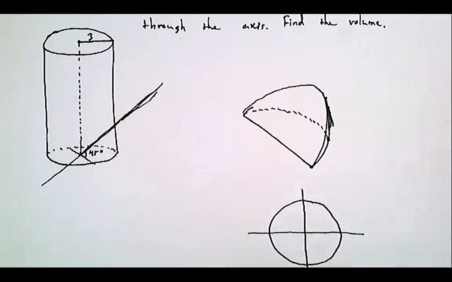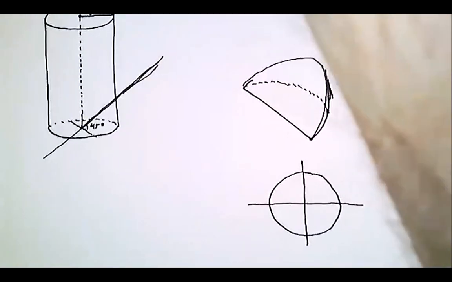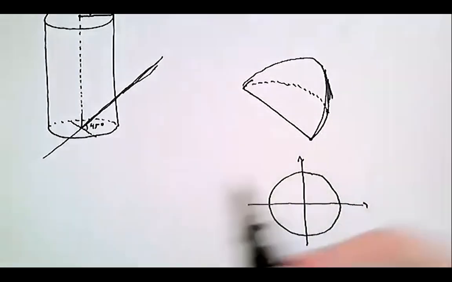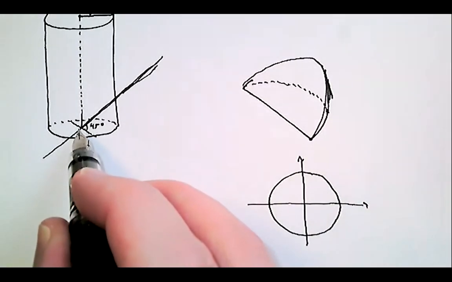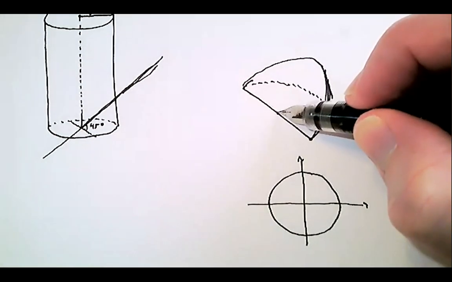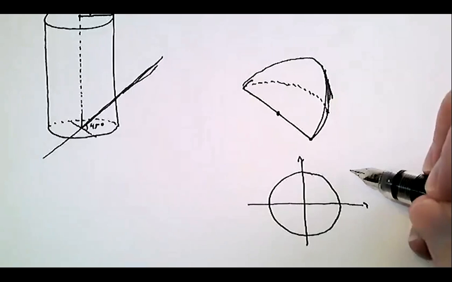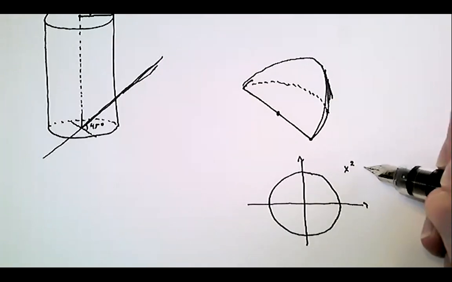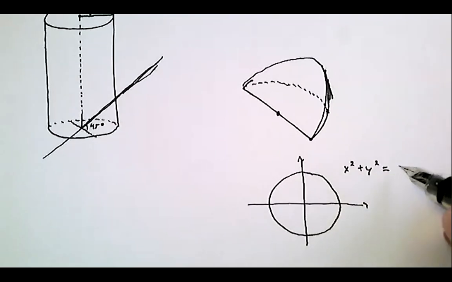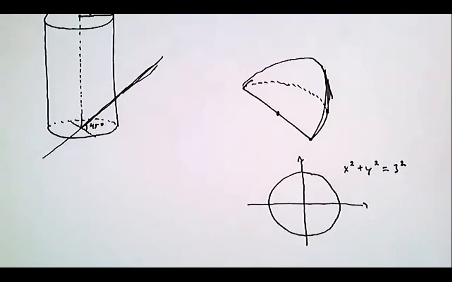If I want to find a formula for a circle of radius 3 centered at the origin, the same way I have my cylinder centered, then its formula is this: x squared plus y squared equals r squared, so 3 squared in this case, the radius.